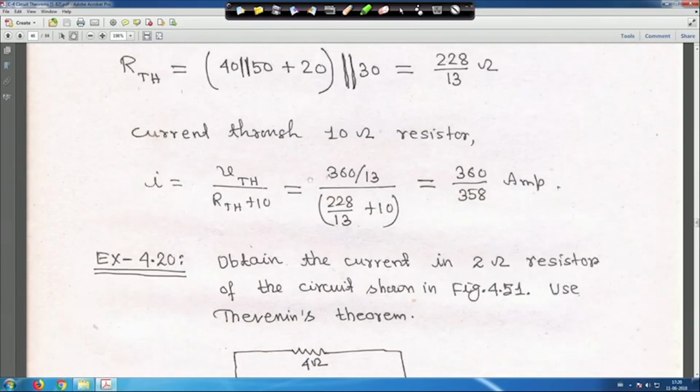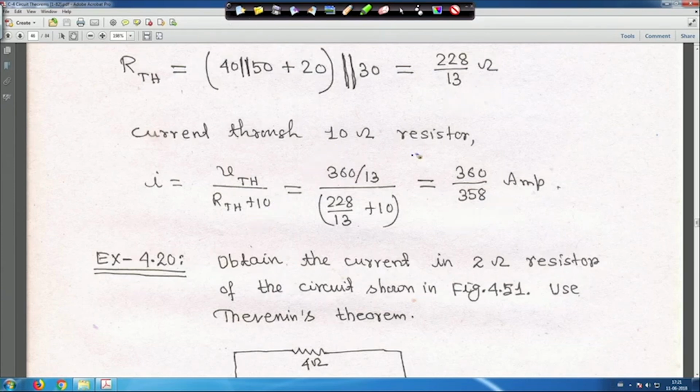It has been asked to find the current through the 10 ohm resistance, so I is equal to V Thevenin by R Thevenin plus 10. Your R Thevenin is this much and V Thevenin we got is 360 upon 13. So ultimately it is 360 upon 358 ampere, approximately 1 ampere, that is I.